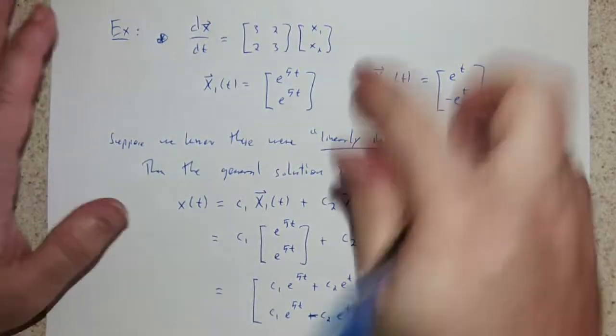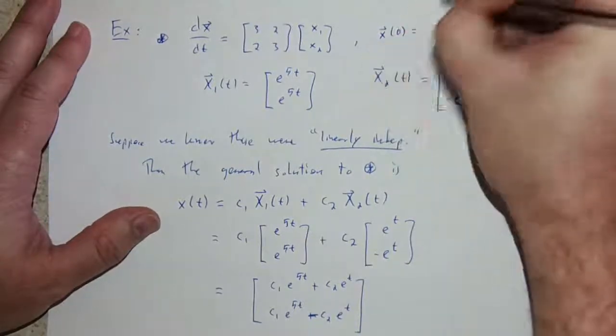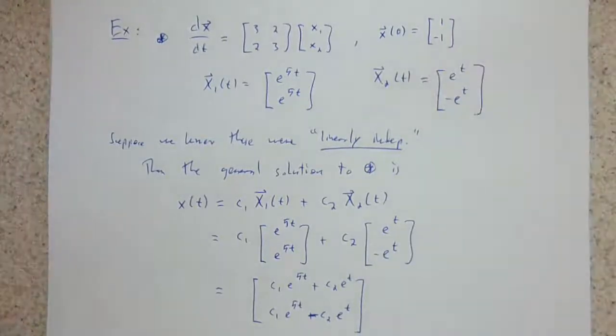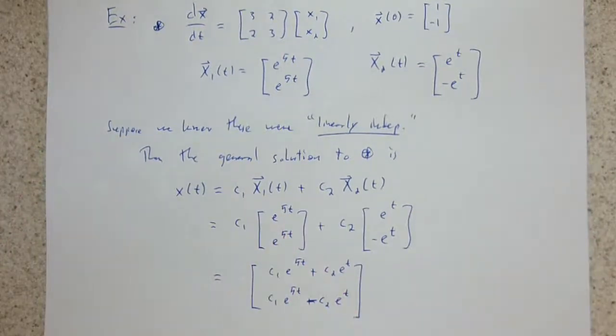Now let's suppose that this had an initial condition imposed on it so that x of 0 is equal to 1, minus 1. Well, then in order to find the unique solution guaranteed by this, and of course I didn't really go into this, I'll mention this a little bit tomorrow, but from the general theory for these types of systems, you get an existence and uniqueness theorem in the exact same way that we did in previous settings.